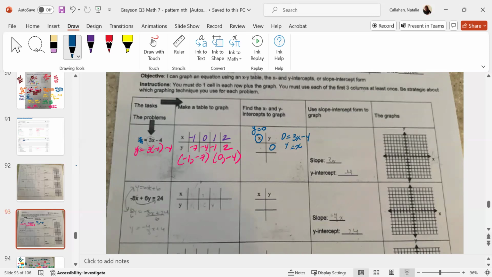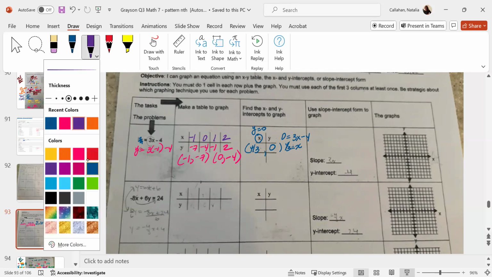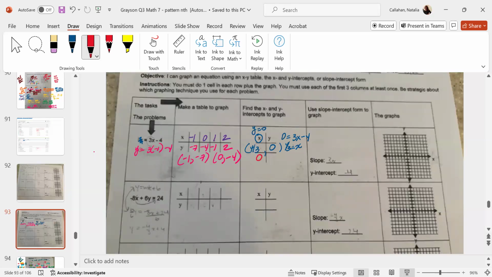Solve for x, it's 4/3. That right there is going to be your x-intercept. That's a point. Now let's find the y-intercept. If you're looking for the y-intercept, put the x equals 0. Go back to your equation, just cover the x, y equals -4. There's your second point. Do you see that?